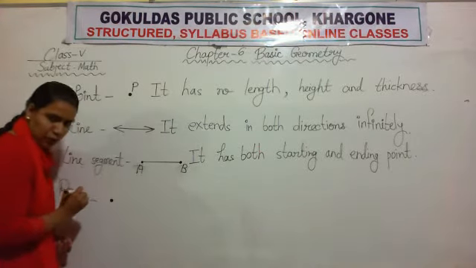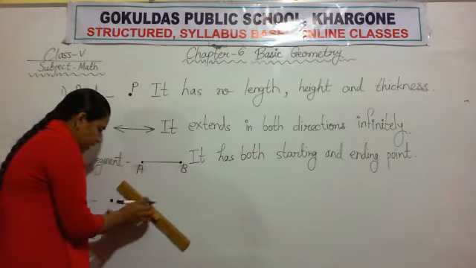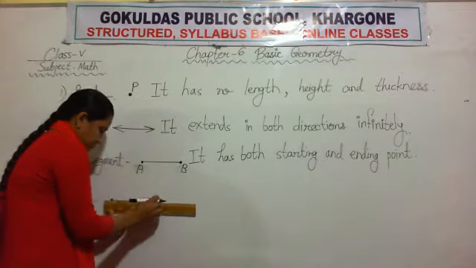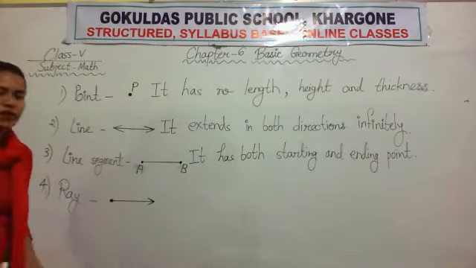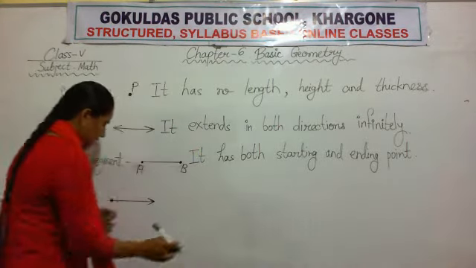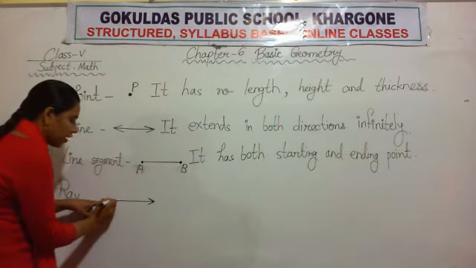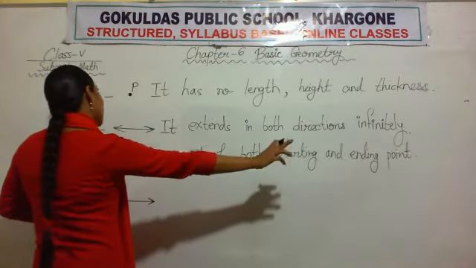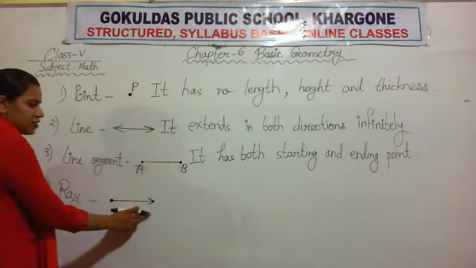It has one endpoint, and in the other direction we can extend infinitely. This arrow means we can extend the line up to infinity. This point is fixed, we cannot move it, but the arrow indicates that we can extend this line in an infinite direction. So this is known as a ray.